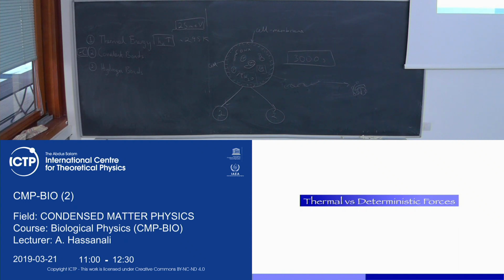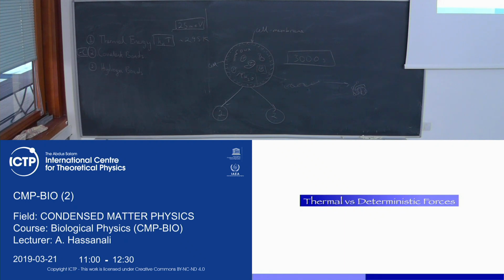So order of magnitude, depending on the type of atom and the screening, several eV. This is the order of magnitude, several on the order of 100 kBT. This will change depending on a single bond, double bond, triple bond, whatever.